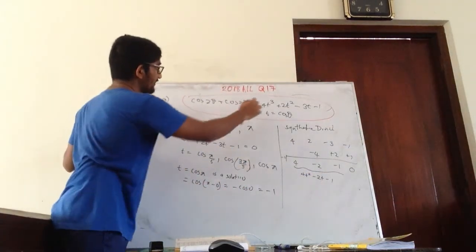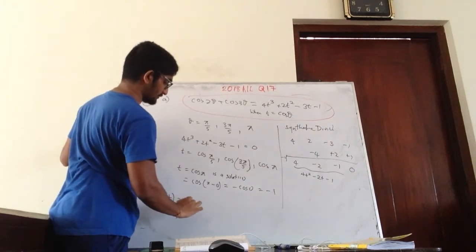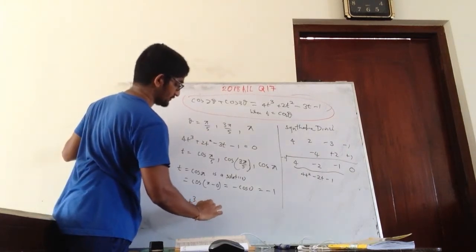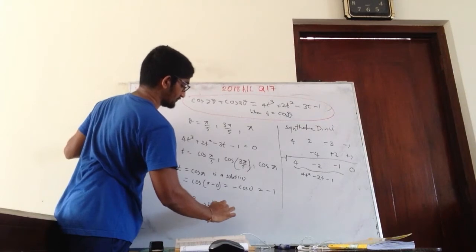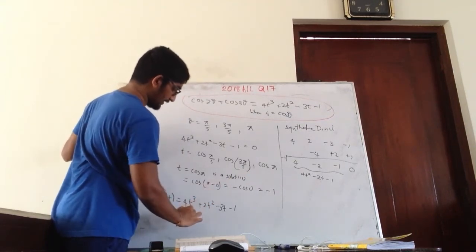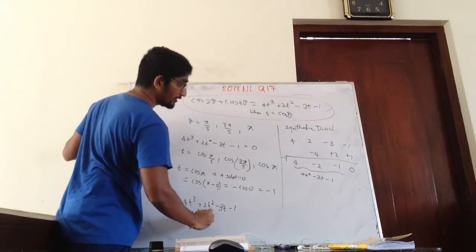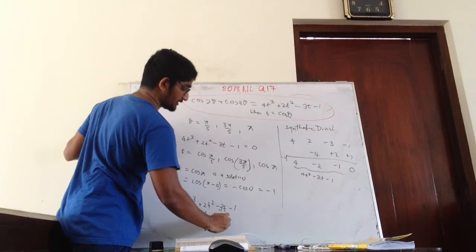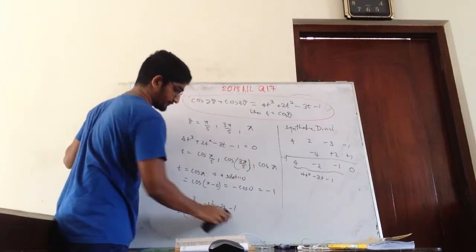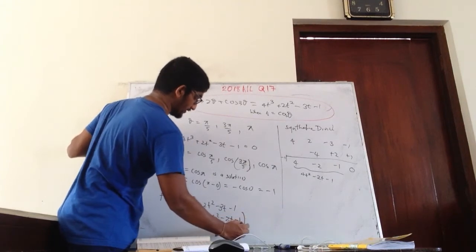So I can write, if I write this as f(t), I can write this as t plus 1, 4t squared minus 2t minus 1.